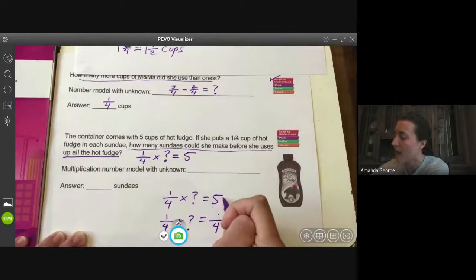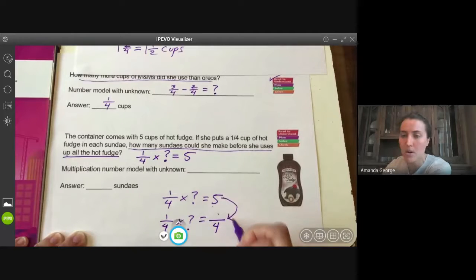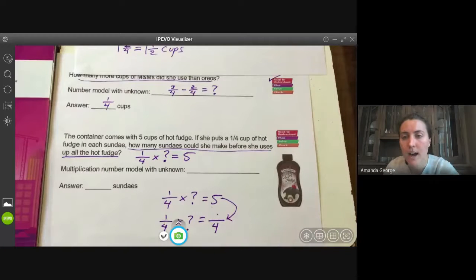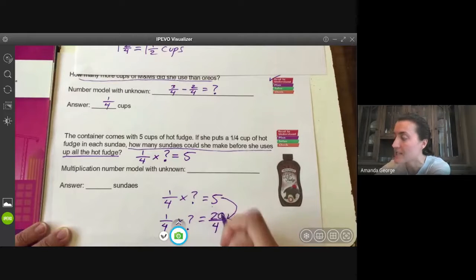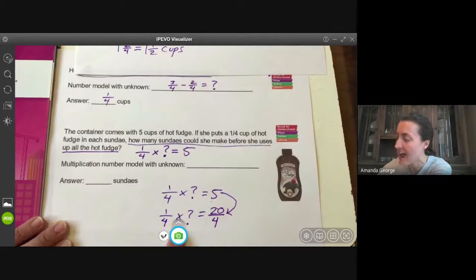We're going from 5 to some number of fourths. 5 is how many fourths? Remember, fractions are just division. So we say, well, 20 divided by 4 equals 5. 5 is the same as 20/4. Excellent. Okay, now, can you see this clearly? 1/4 times some whole number is going to equal 20/4.